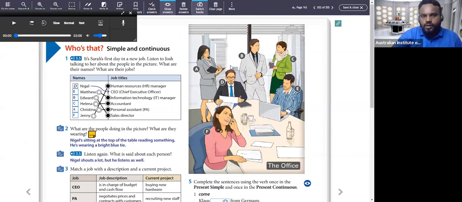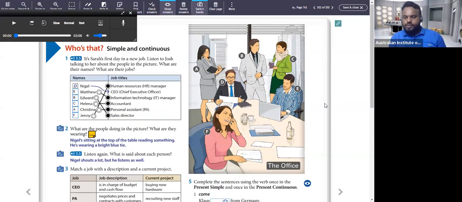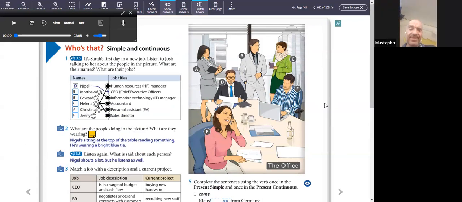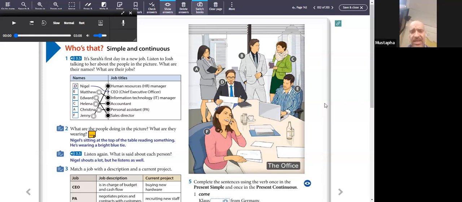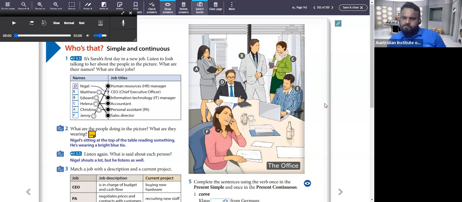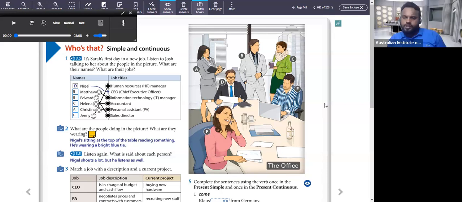We can see Nigel, about Nigel done. Now, Matthew, E, this one, what is he wearing? Tell me something. And what is he doing? It was a dress. A watch in his hand. Sitting on the chair.